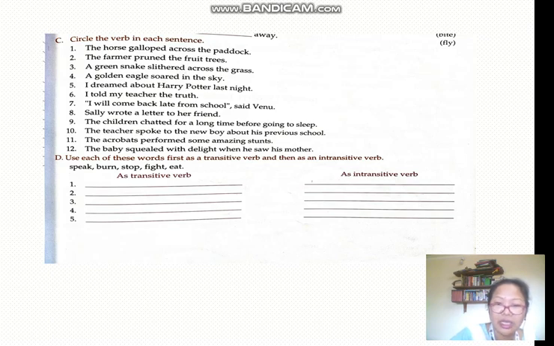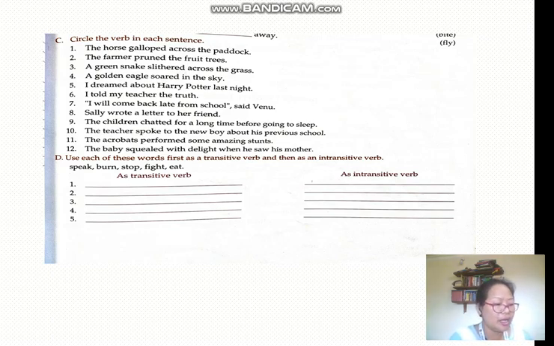Intransitive: he is speaking, which does not require an object. Number 2, burn. We sat around the burning fire. Fire is the object here. He was burnt. So I've given 2 examples. The remaining, stop, fight and eat, you will have to complete.